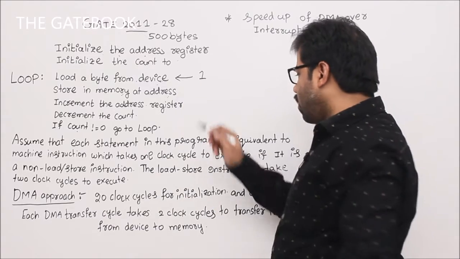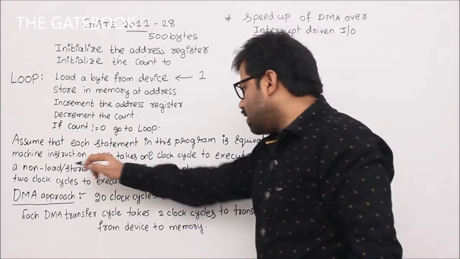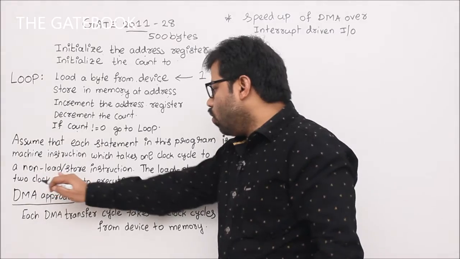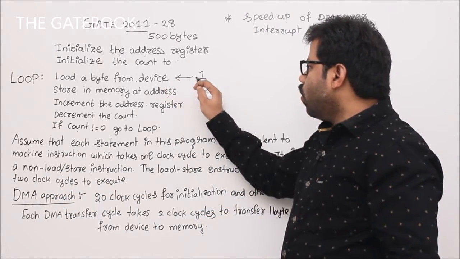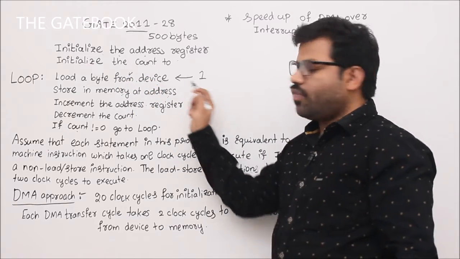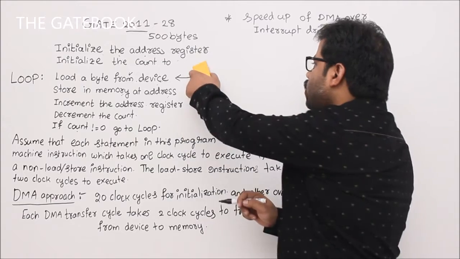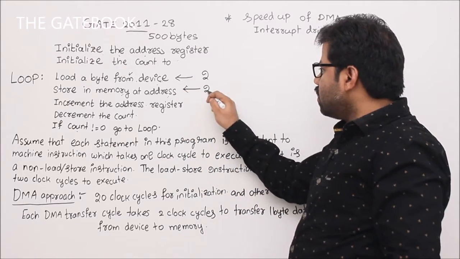For this instruction, one clock cycle. If it is a non-load store instruction, it takes one cycle. You see, this is a load instruction because we are loading a byte from the device, so assume that this load instruction takes 2 cycles. Next, store also takes 2 cycles, right?